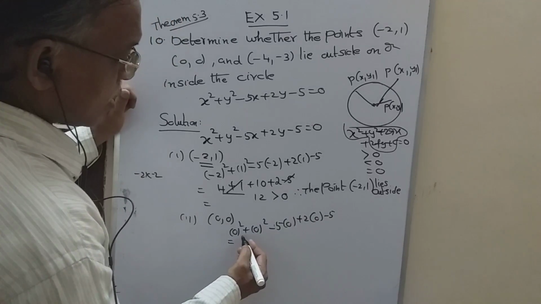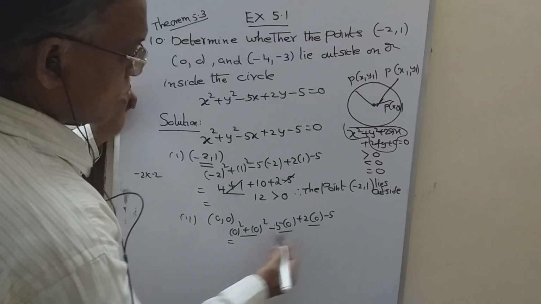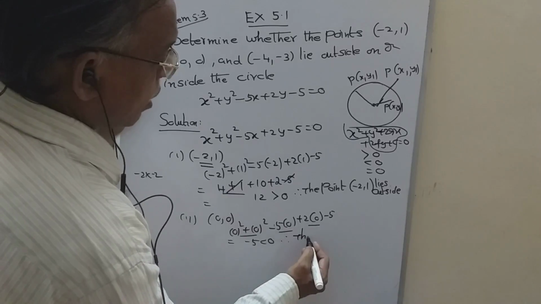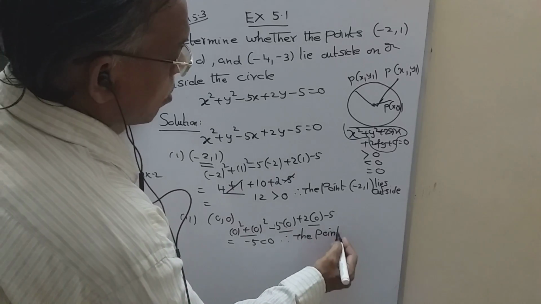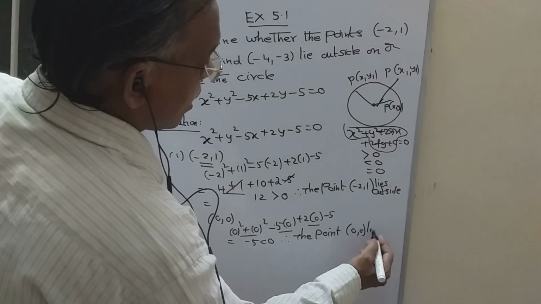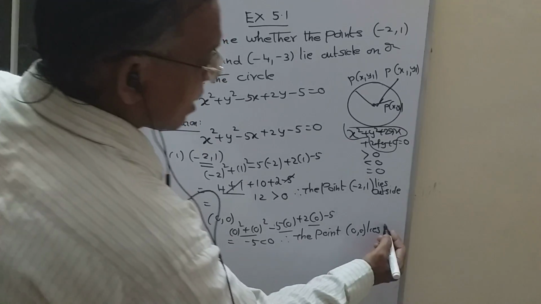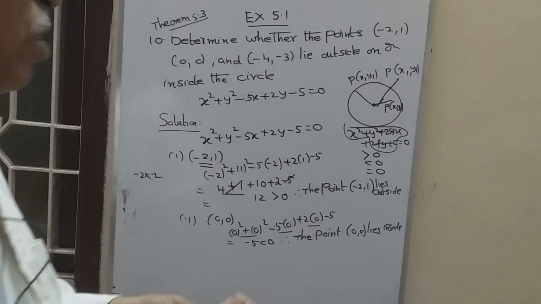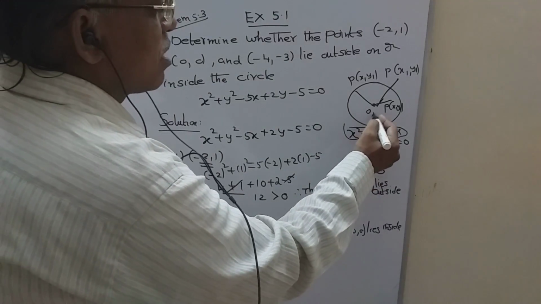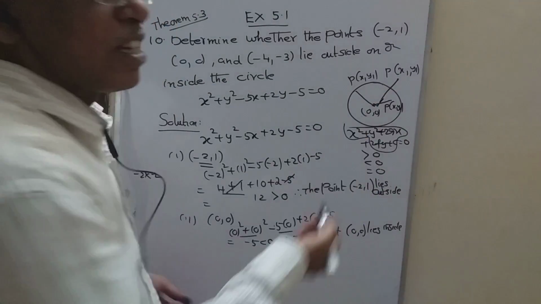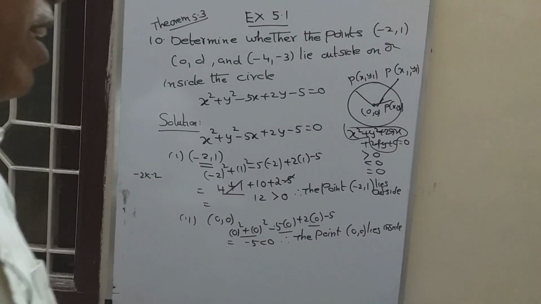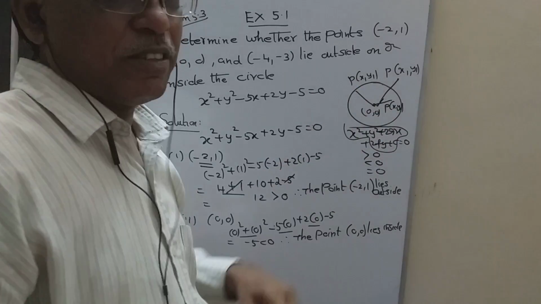So it is all 0, 0, 0, minus 5, less than 0. Therefore, the point (0, 0) lies inside. That is obvious, because that is the origin. So this is inside the circle only. Otherwise, it will be a point circle.